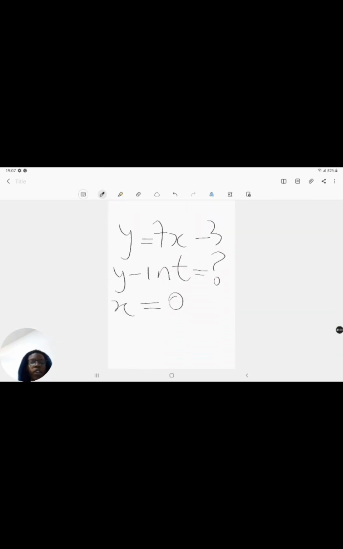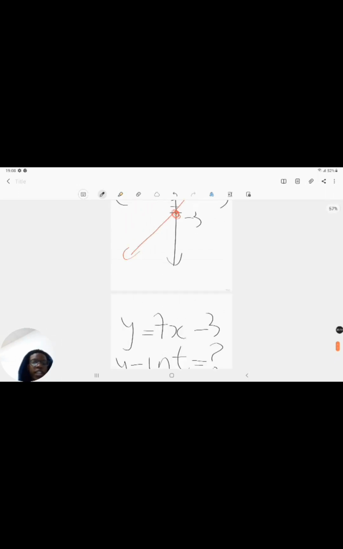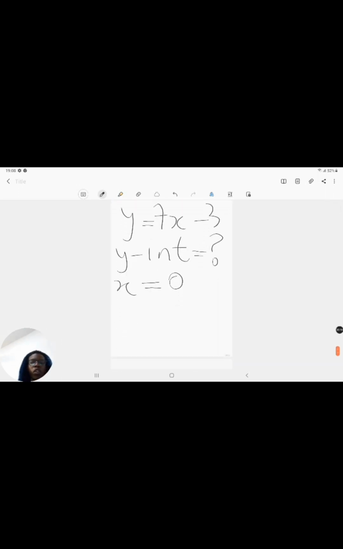Now, how much do we get when x is equal to 0? Well, if you look at the equation, wherever you have x, you're going to put in 0. So you're going to say y is equal to 7 times 0 minus 3.